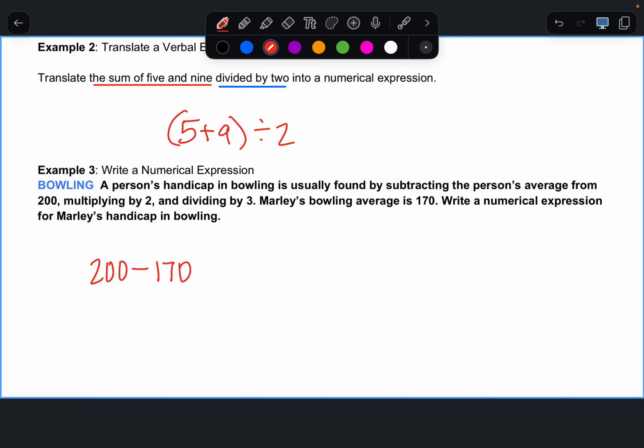Multiply and divide are tied, so we have to go from left to right. So what we have is 60 divided by 3. This person's handicap is 15.